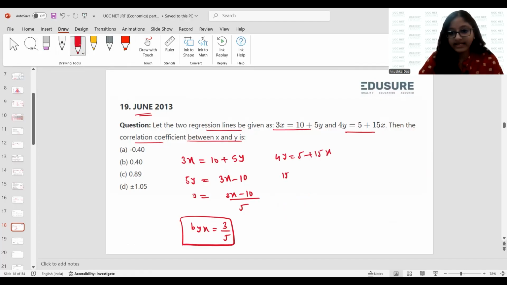So basically 15x will be 5 minus 4y. X will be 5 upon 15 minus 4 upon 15 into y.